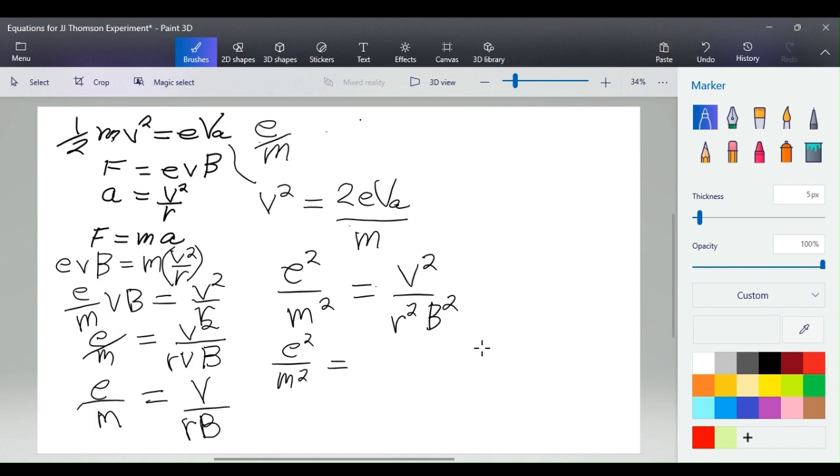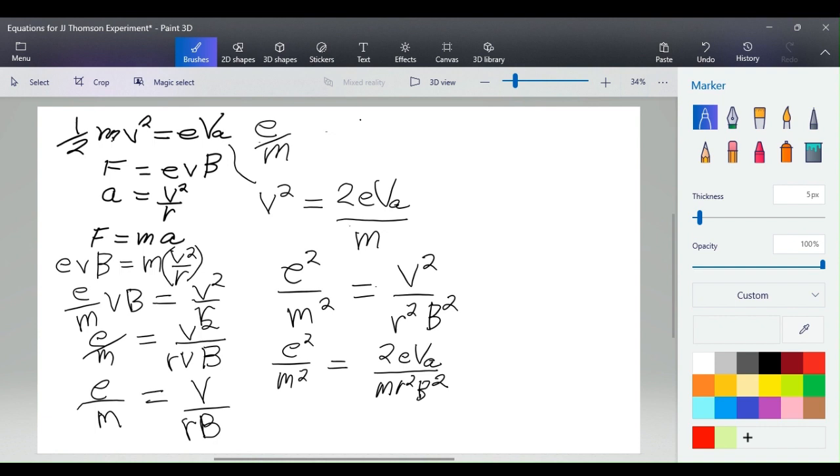I'm going to replace that with 2EVA over M R squared B squared. Looks like a mess, doesn't it?